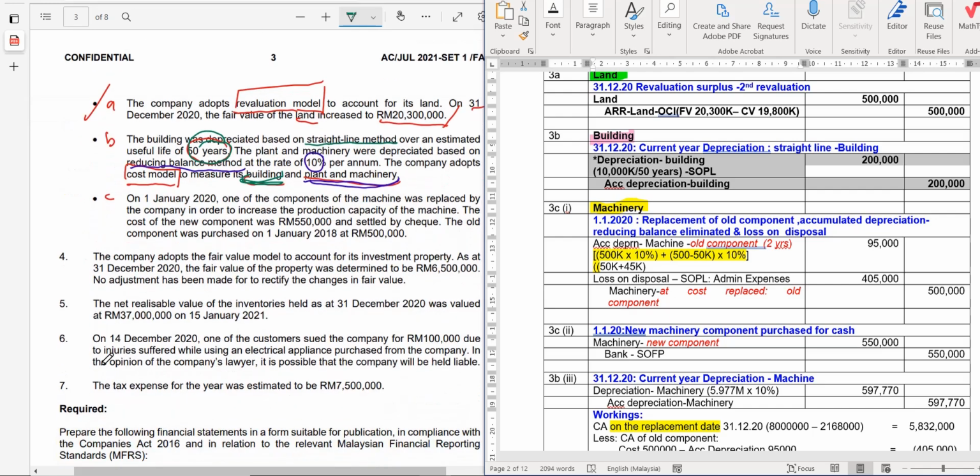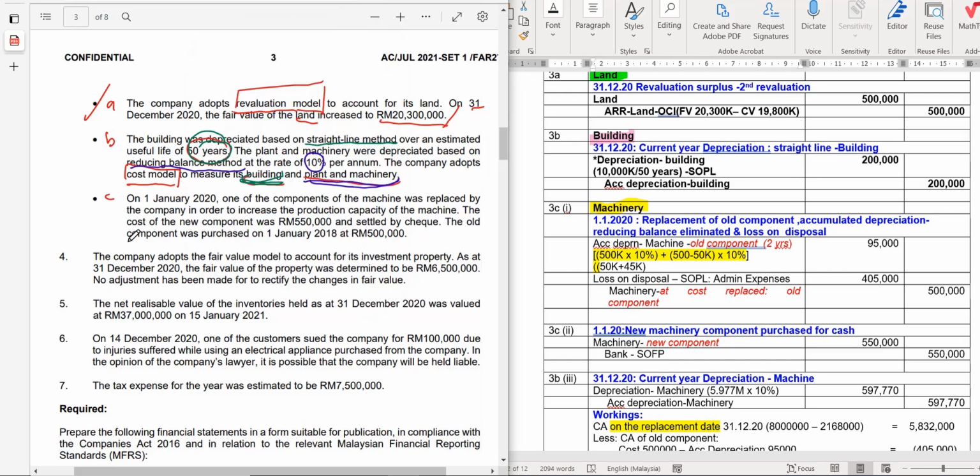Next, you can see that there is one more adjustment in number 3, which is the adjustment related to the machine.